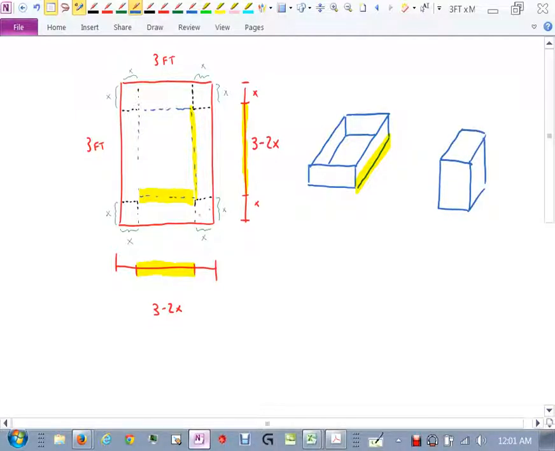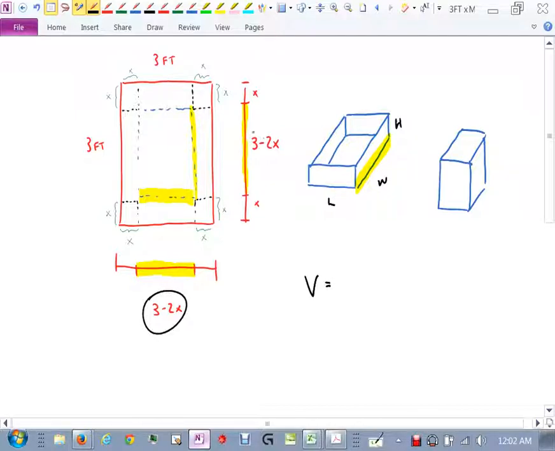So just by varying that cut, it changes the dimensions. So we're trying to find the maximum volume here. And volume, of course, if this is my box, with length, width and height, is always length times width times height. For us, the length and the width are the same.